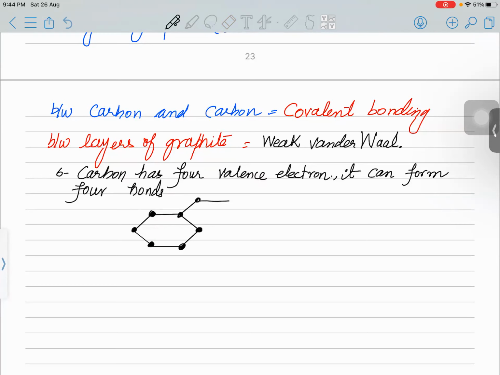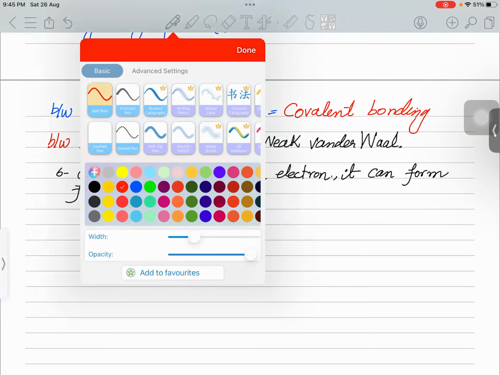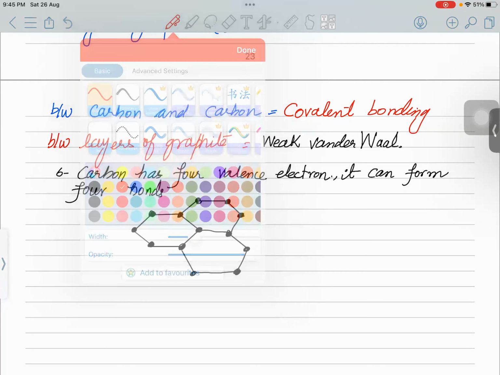But, sir, here between carbon and carbon, you know that here we have only carbon. There is no other element. Can anyone tell me how many bonds are formed by each carbon instead of the 4? It can make 4 bonds, right?